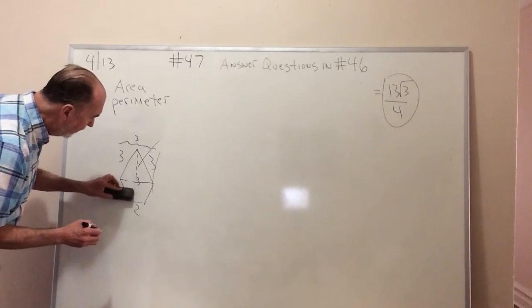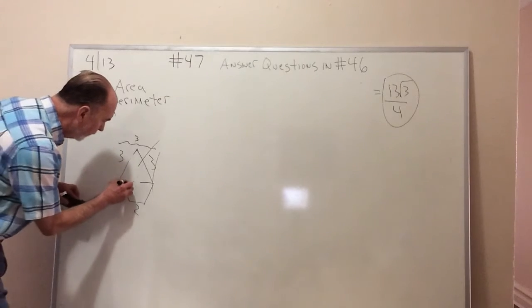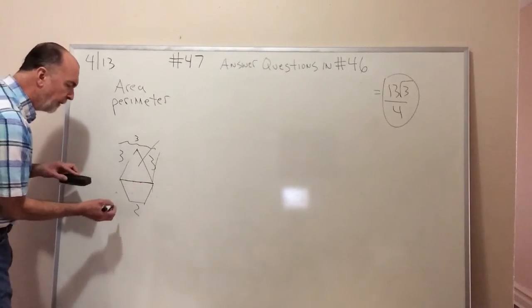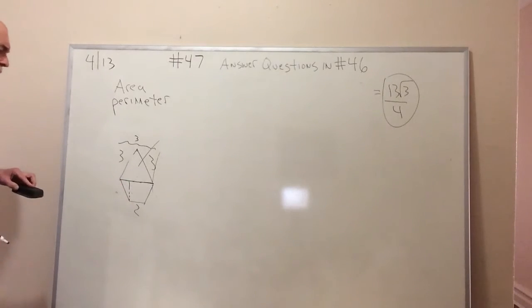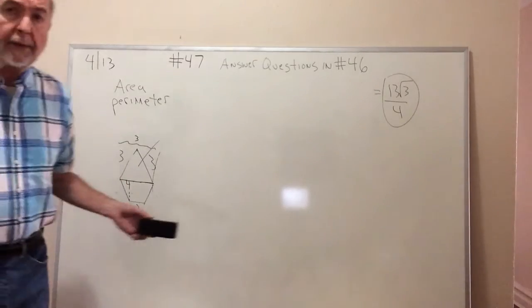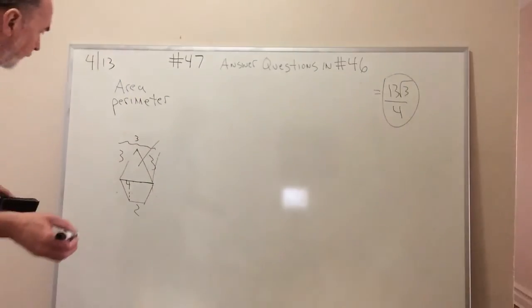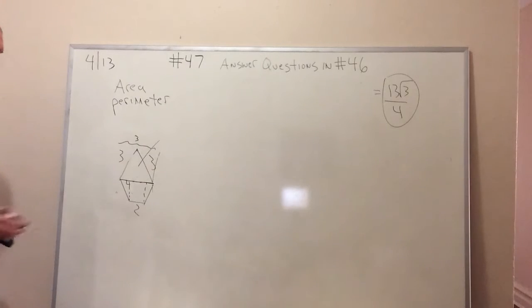So let me erase all the superfluous stuff. I still divided this since it's a compound figure. And now I draw a new altitude to create a right triangle here. After all, we know only the theorem of Pythagoras and radicals so far, so that's all I know how to do. If I know this side, obviously I know the other side.